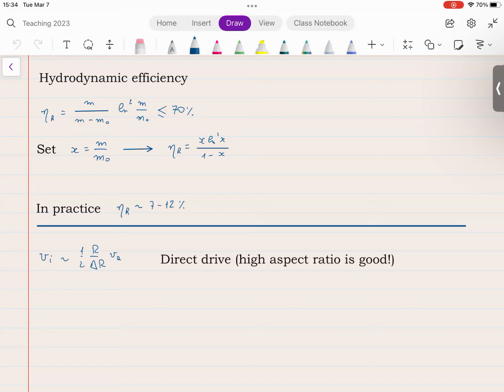And in indirect drive, the implosion velocity you can express in different ways. Let me write it this way.